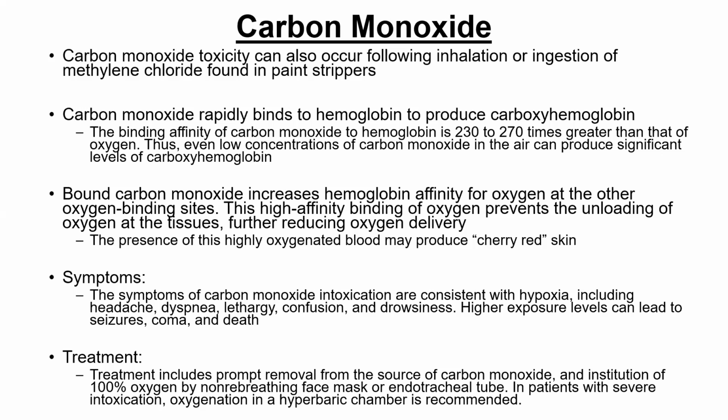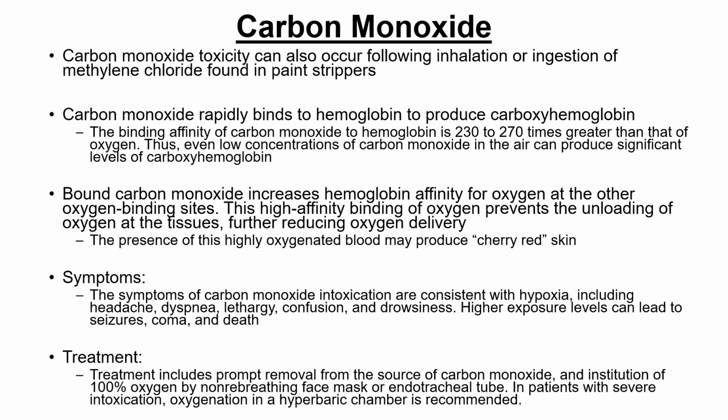Thus even a low concentration of carbon monoxide will be able to bind and produce a significant level of carboxyhemoglobin. And bound carbon monoxide increases hemoglobin affinity for oxygen at the other oxygen binding sites. With that increase in affinity, it prevents unloading of oxygen in the tissues, further reducing oxygen delivery.